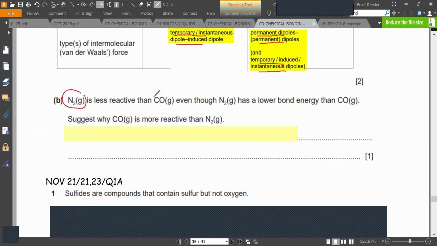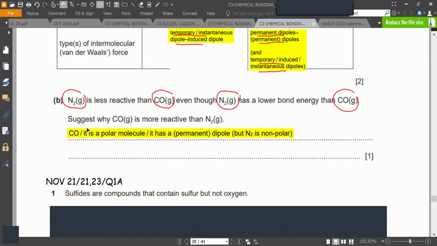N2 is less reactive than CO, even though N2 has a lower bond energy than CO. Suggest why CO is more reactive than N2. So the main point is this. Because it's a polar molecule.